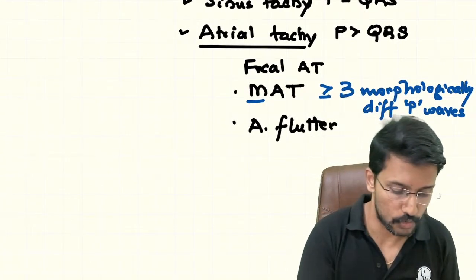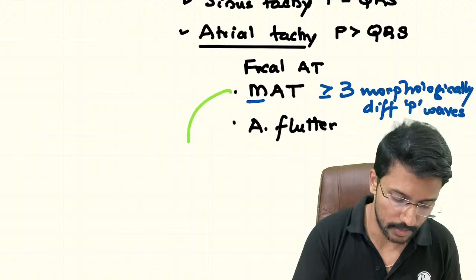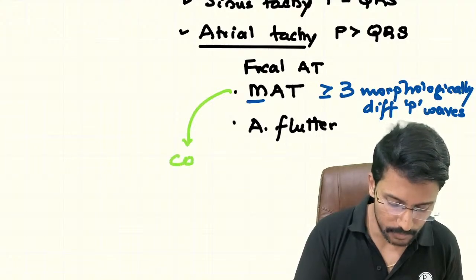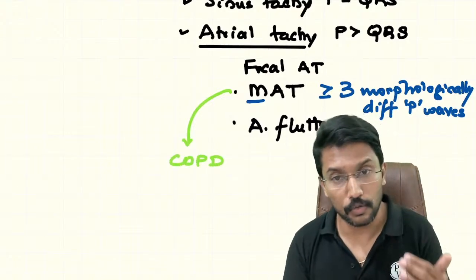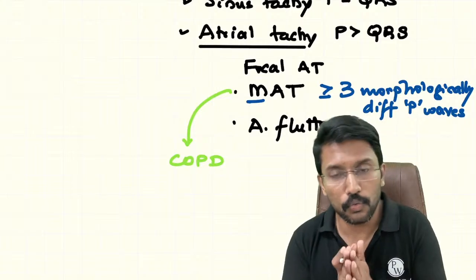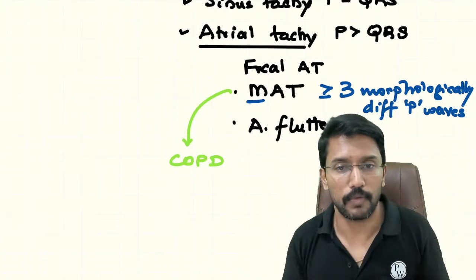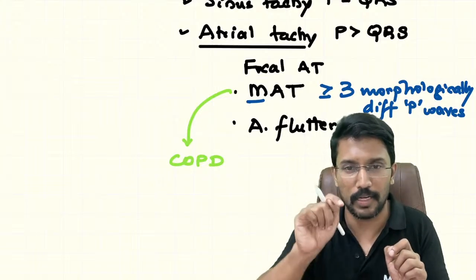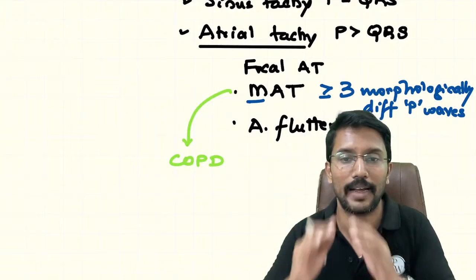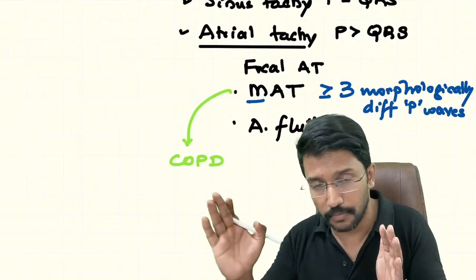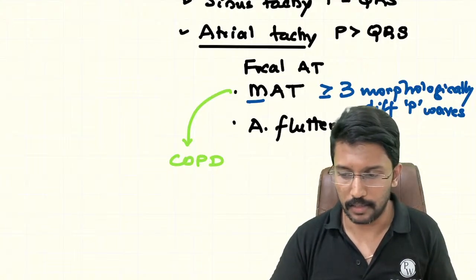They will give you two clues to consider this as multifocal atrial tachycardia. The first clue is that they will mention that the patient has COPD. The second clue is that there will be arrow marks pointing towards those different looking P waves. One P wave may be upright, one may be inverted, one may be tall and spiking. So when P waves look different, that is your multifocal atrial tachycardia.